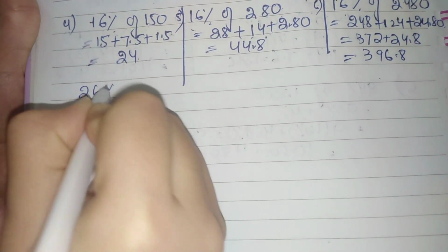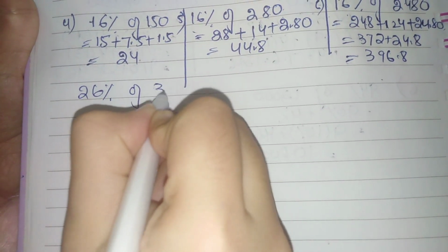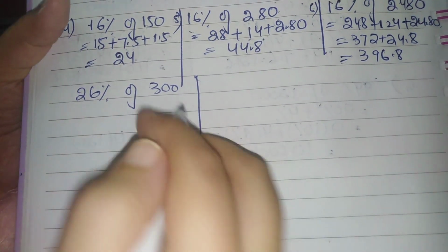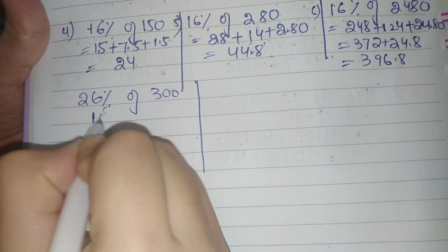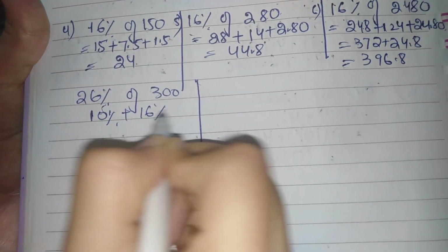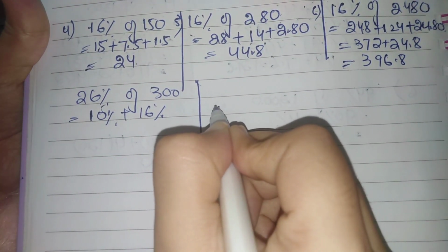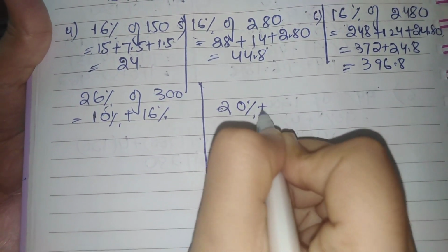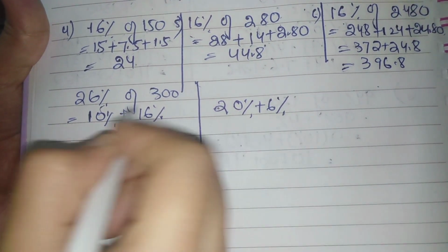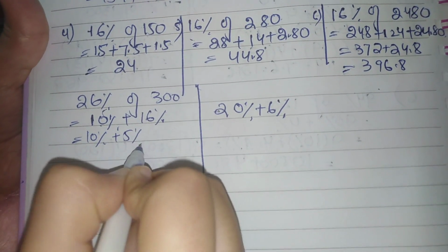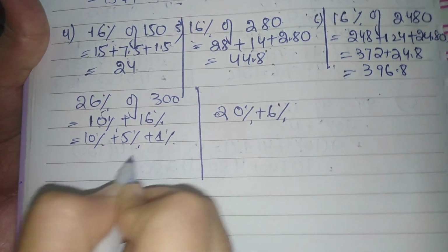Next example is 26% of 300. We can solve this question in two ways, as 10% plus 10% plus 6%, or in other words, as 20% plus 6%. For 6 we can write it as 5% plus 1%.